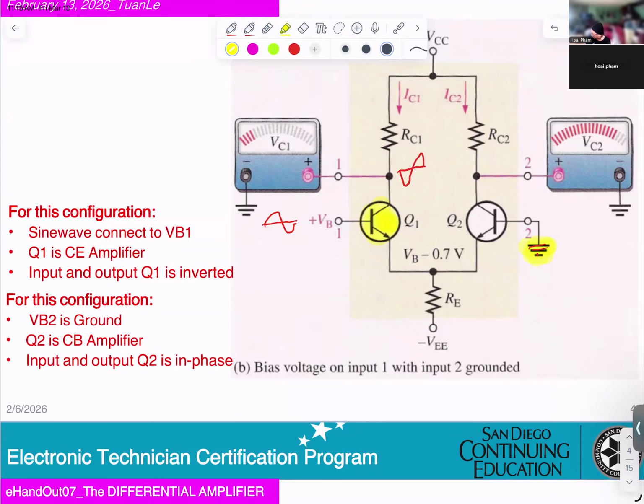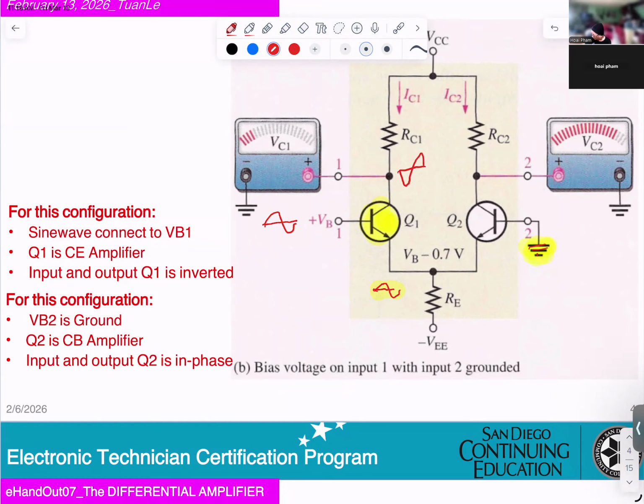See what happened. You can get a sine wave at the collector here. Also, you get a sine wave, and this sine wave goes into the meter. So go to the meter and the output from the collector.